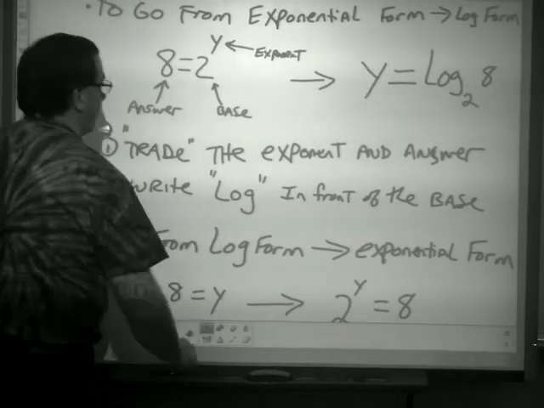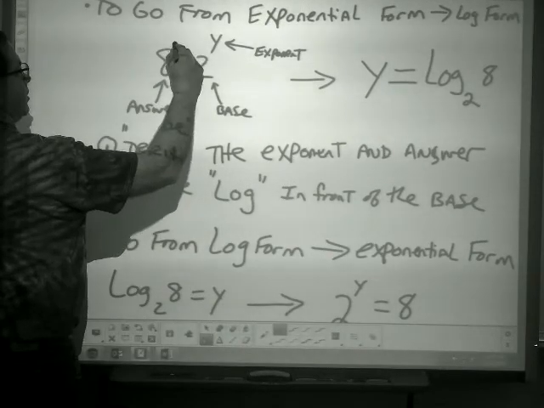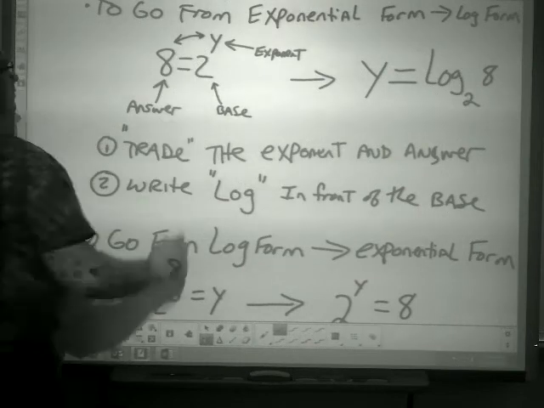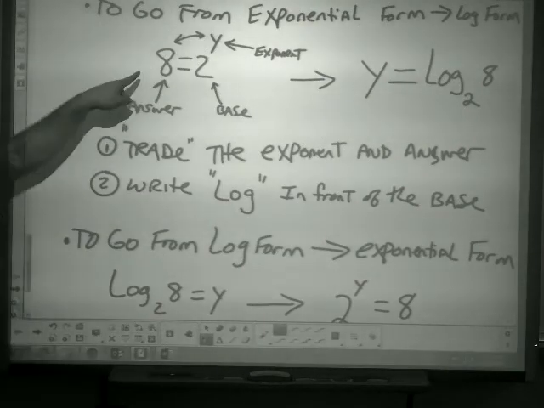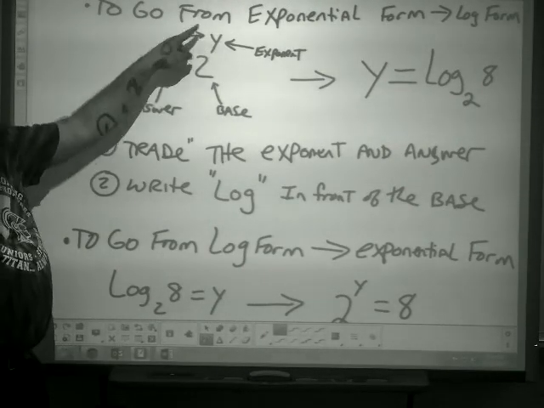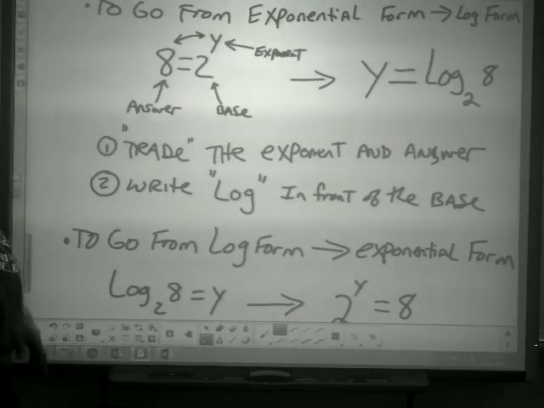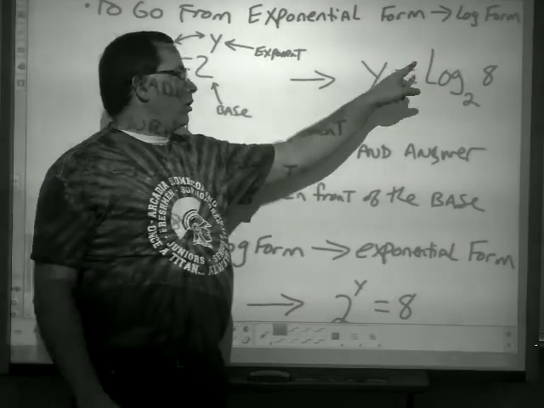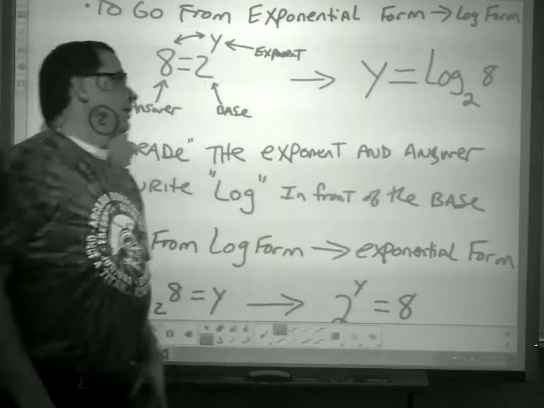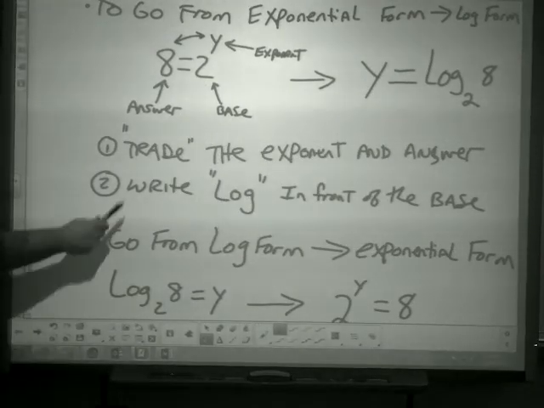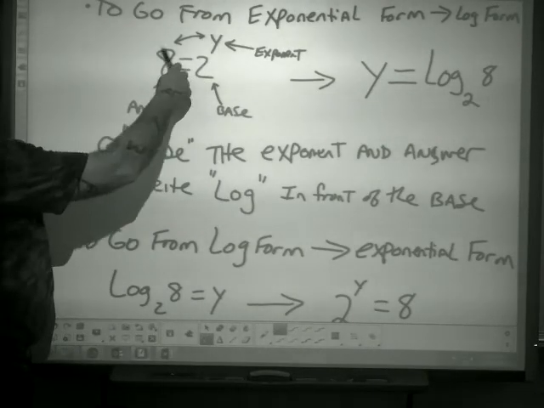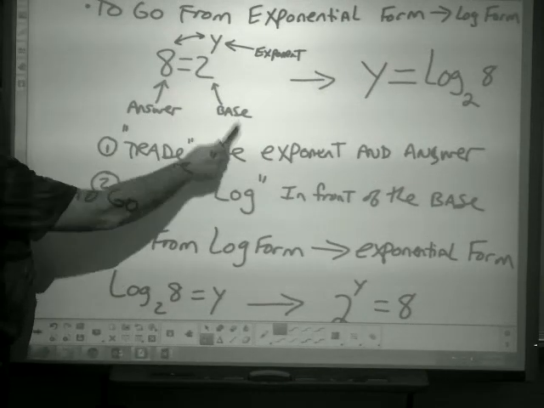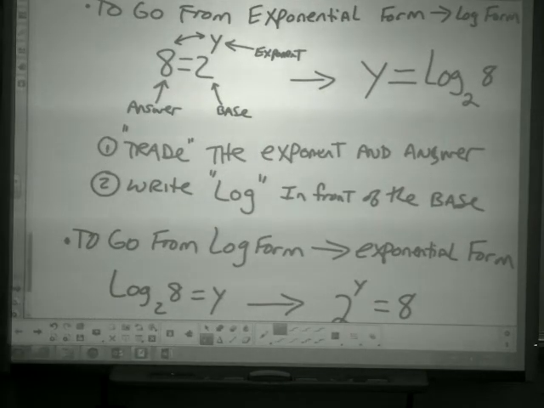So what happens is these two things will trade places. So y will equal 2 to the 8th, but I got to stick the word log in. So y will equal log base 2 of 8. Trade exponent and answer, stick the word log in front of the base.